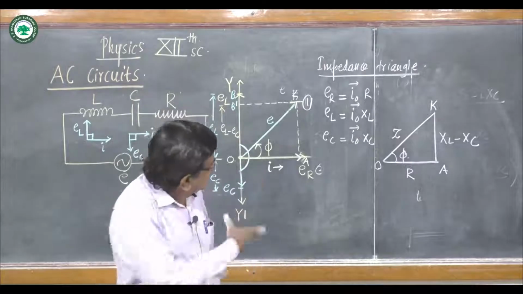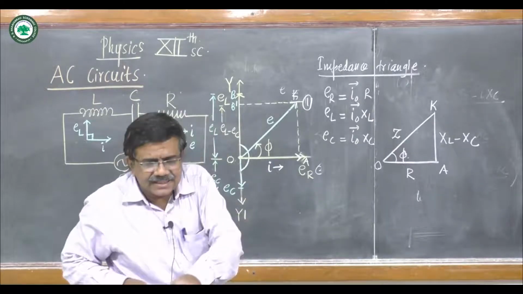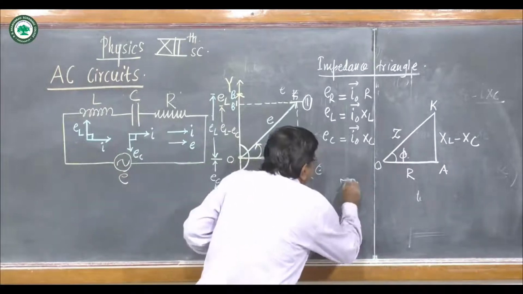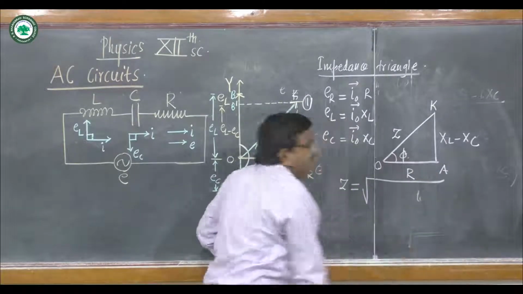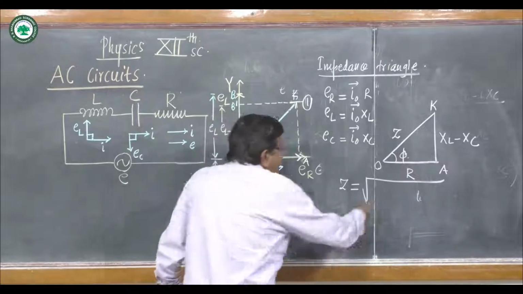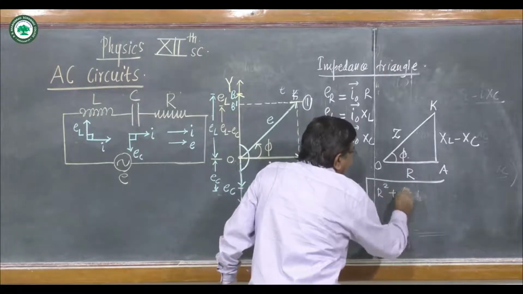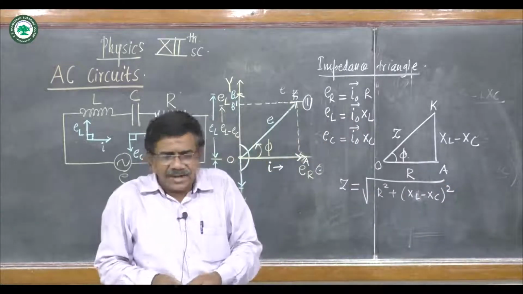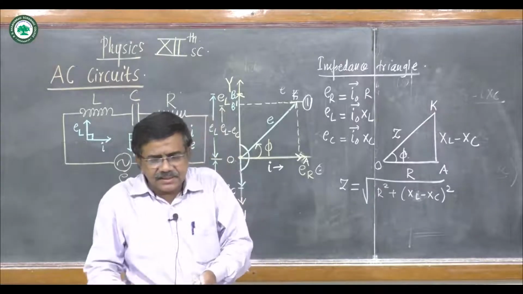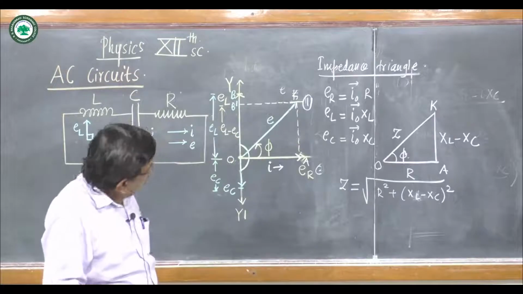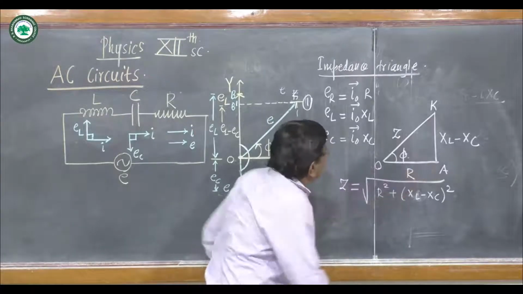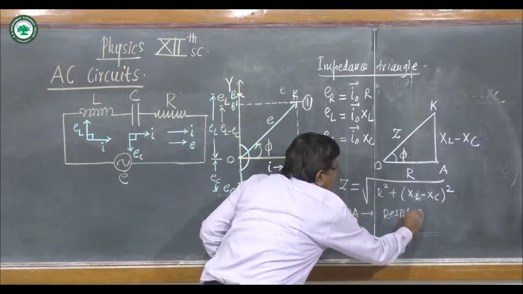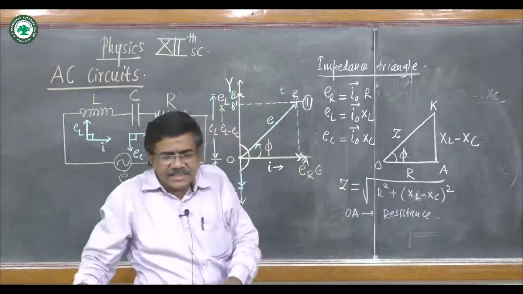In this triangle, the diagonal OK represents the effective opposition to the flow of current, and we call it the impedance Z. We know it is the square root of R square plus, in bracket, XL minus XC its square. The base OA represents the resistance.